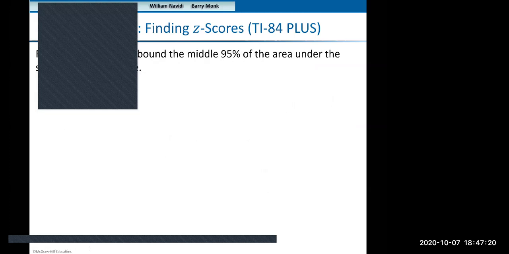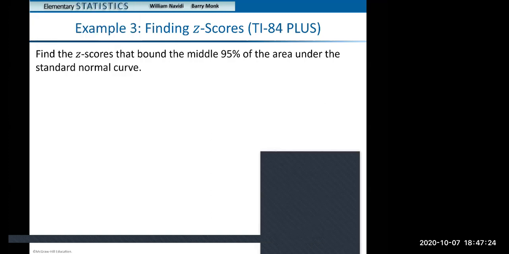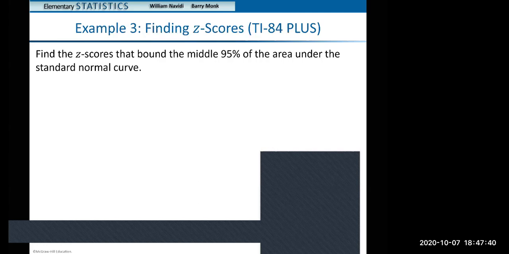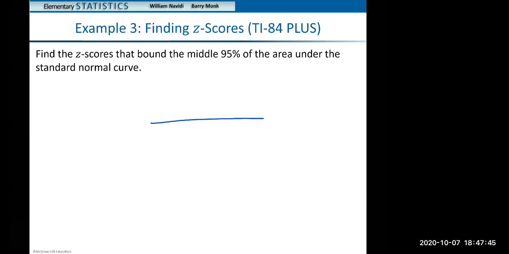All right, how about this? Middle 95%. Same thing here. It's going to be easier if you have the tail. But don't worry, I'll teach you without the tail also. Middle 95%. If we sketch this, think that 95% should be in the middle.